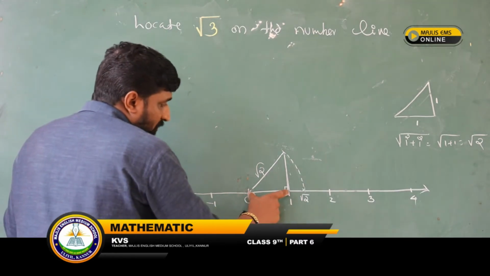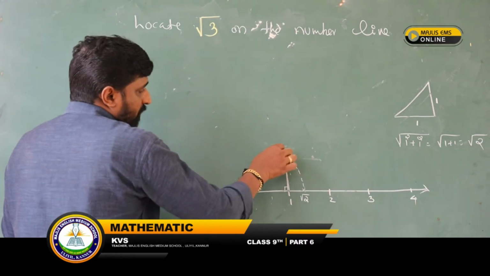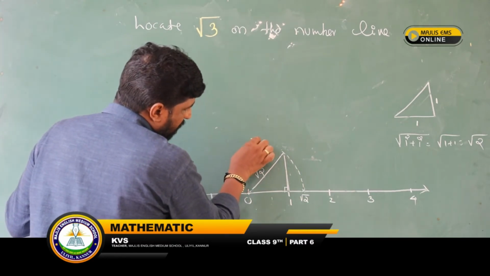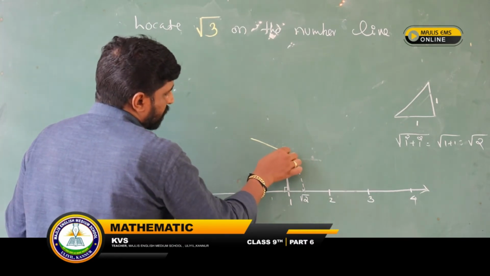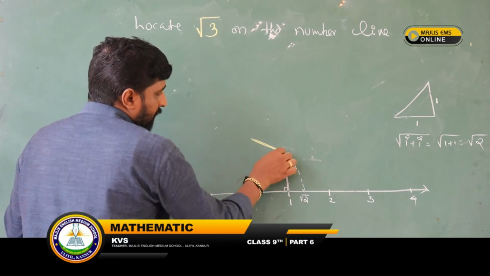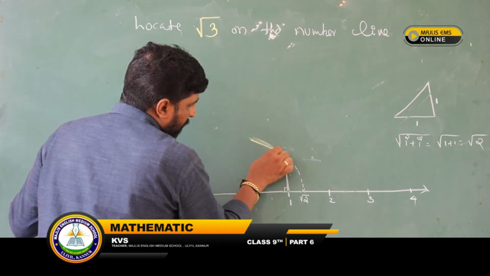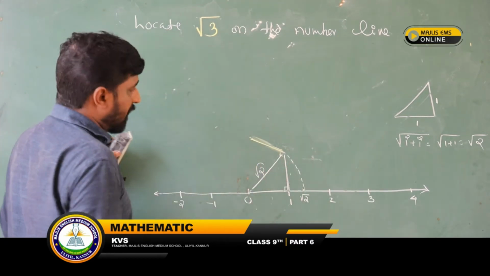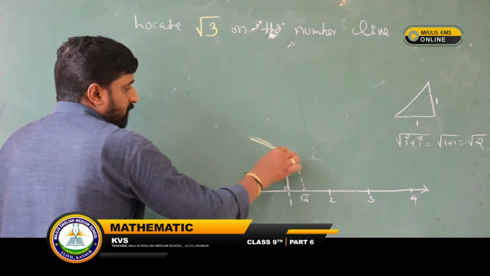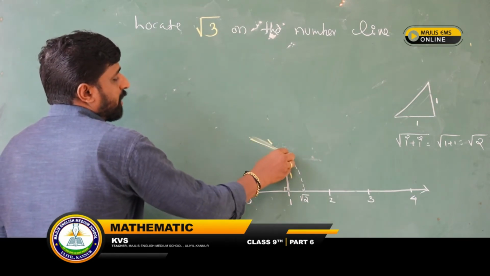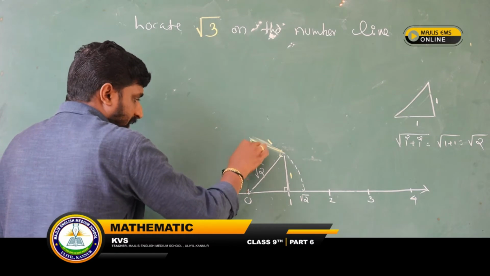Then the same 1 unit, here also 1 unit. From here we can draw a perpendicular like this, the same 1 unit. We draw again a 90 degree angle from here. Draw a perpendicular from here. After that this is 1 unit, and this is also the same 1 unit. We keep the perpendicular in between these two, then join like this.